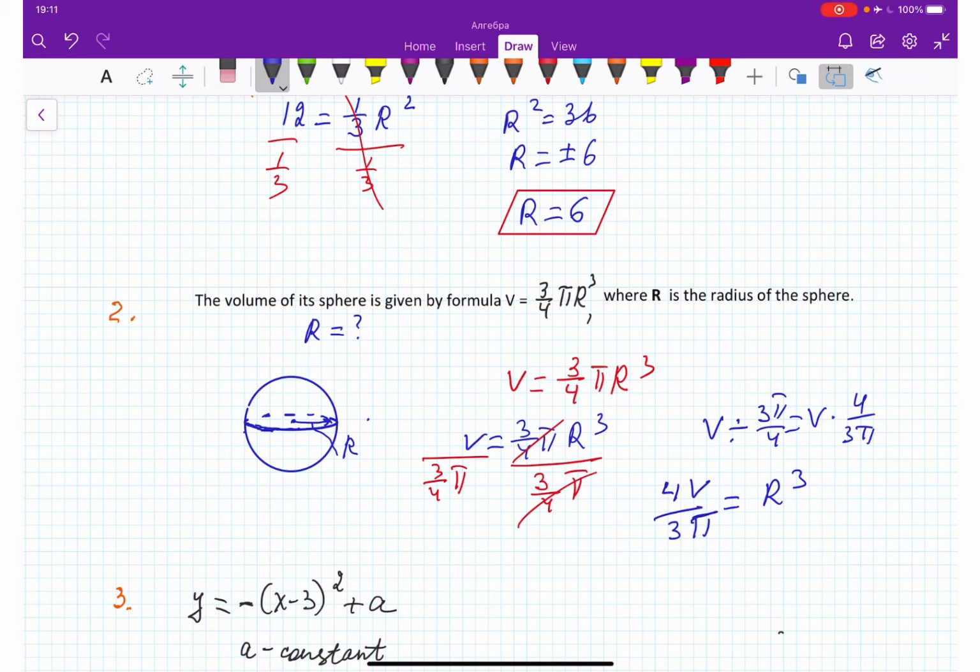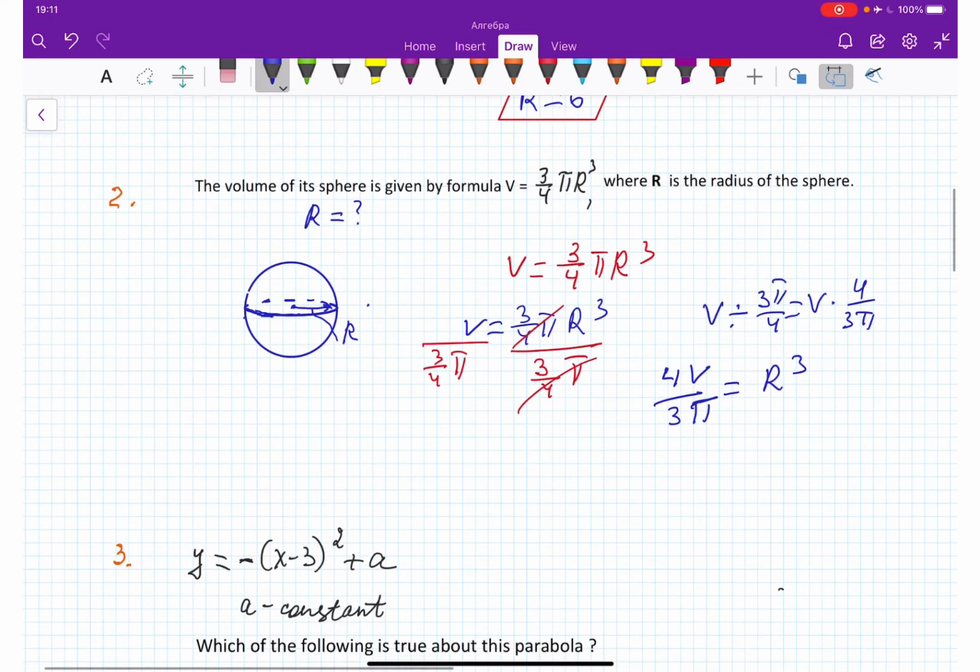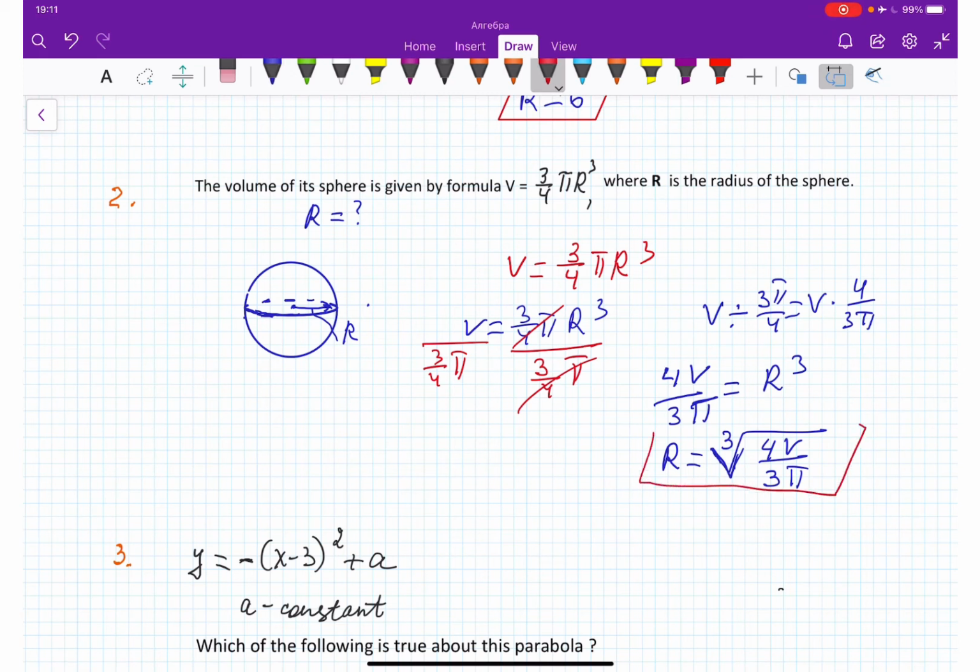And from here, our r is going to be the cube root of 4V over 3 pi. And this is our answer. Okay?